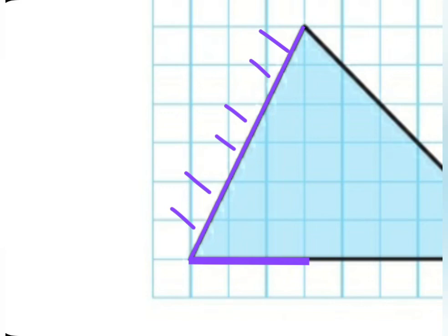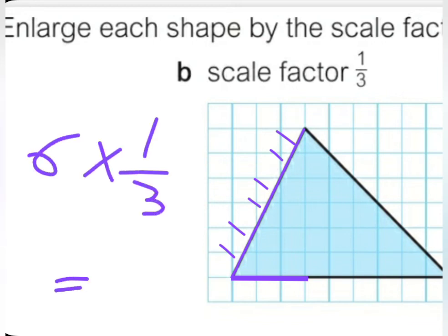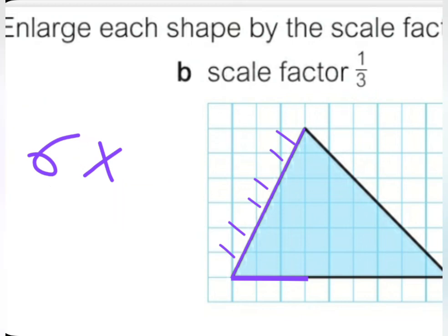Or 6 boxes, or 6 centimeters. Now, when you multiply 6 by a third, you will have what? You can use the calculator to do this. So it's basically dividing 6 by 3, it equals 2. Very good. So it's going to be 2 centimeters. So I'm going to make this smaller to 2 centimeters like this.